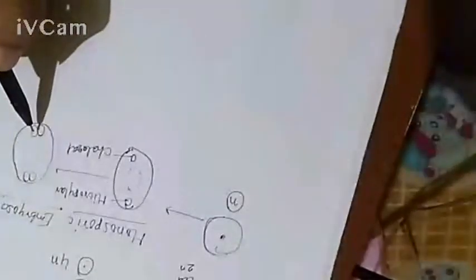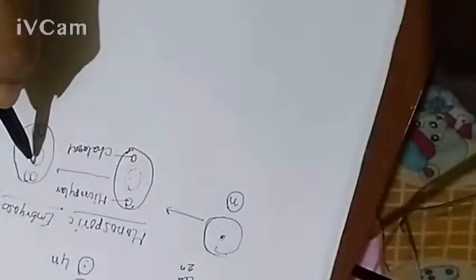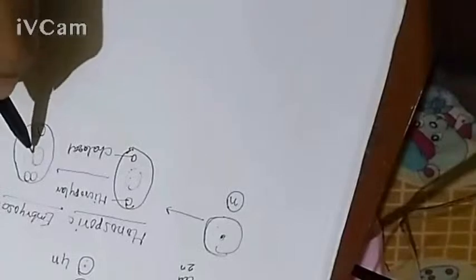Within this, the nucleus again divides and forms two polar nuclei here, and two polar nuclei here also. And within the center, different vacuoles are connected to each other and form a large vacuole.